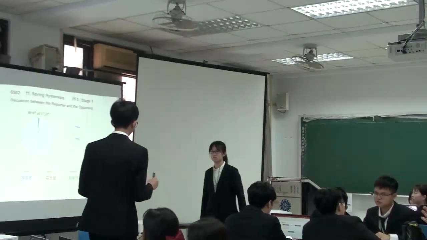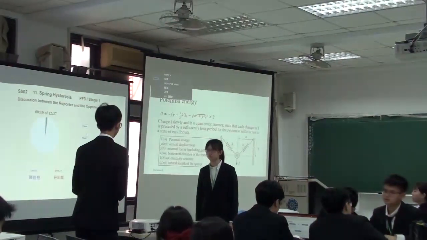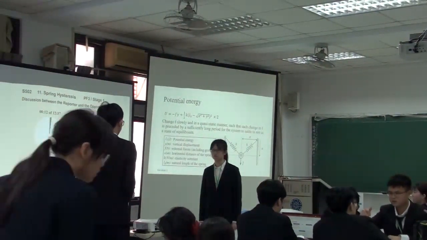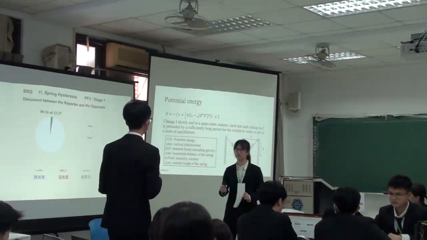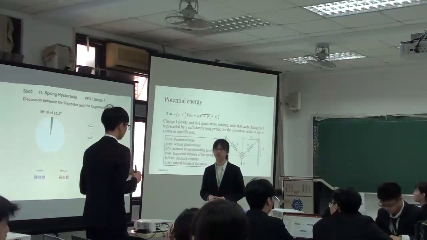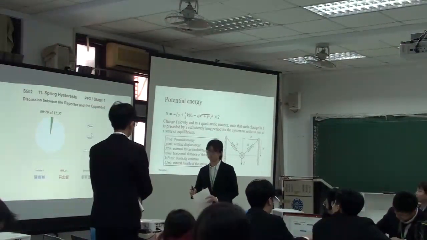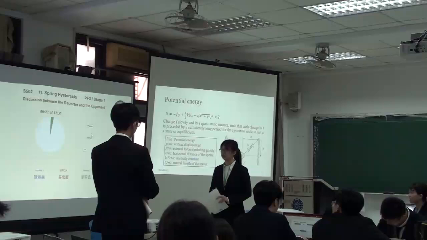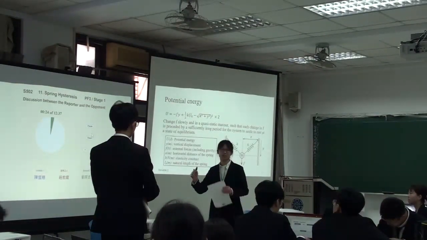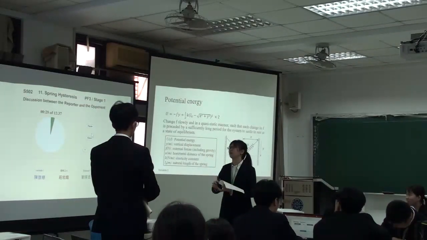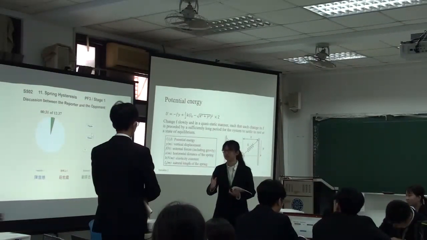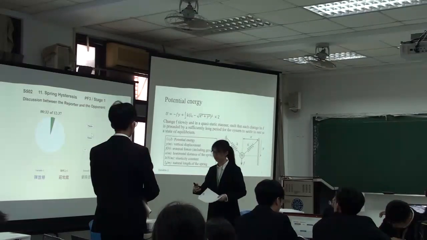So how will you do the experiment to support your simulation data? We think we don't have to do the experiment because it is very hard to do in real life. When you try to do this experiment, the spring bends, or maybe it would move in the z-axis, so it would be very hard to get the data.